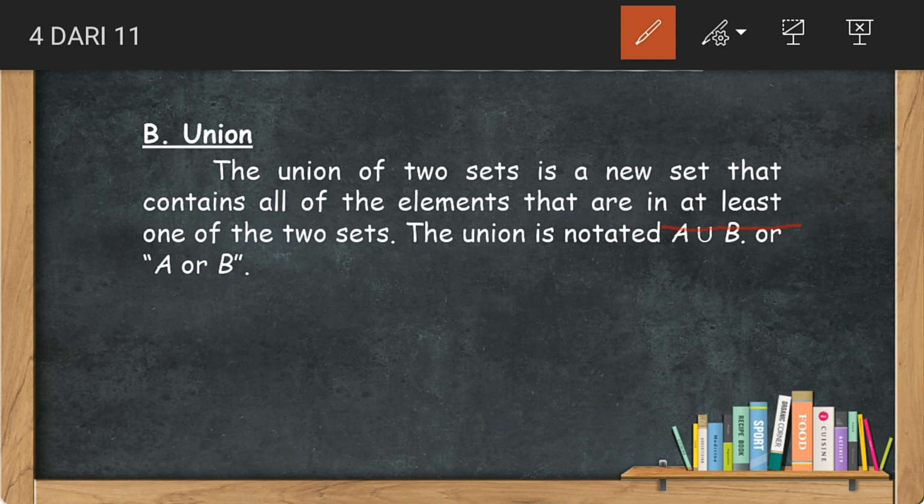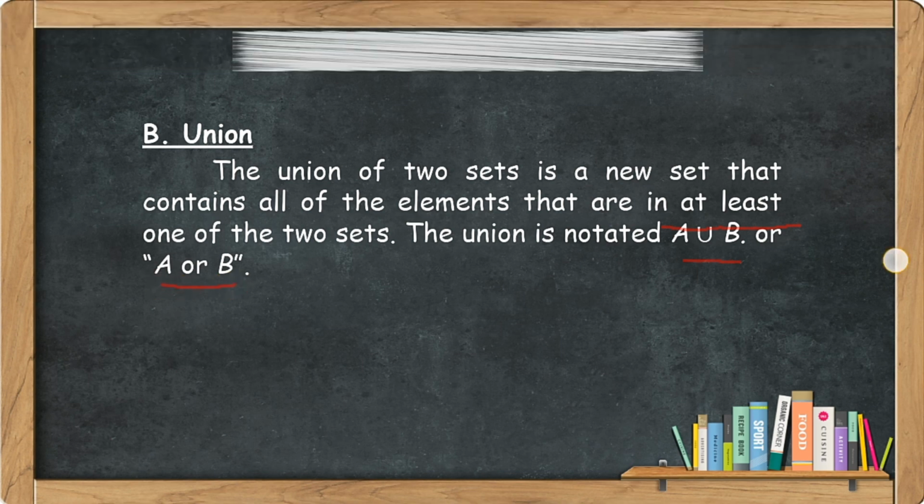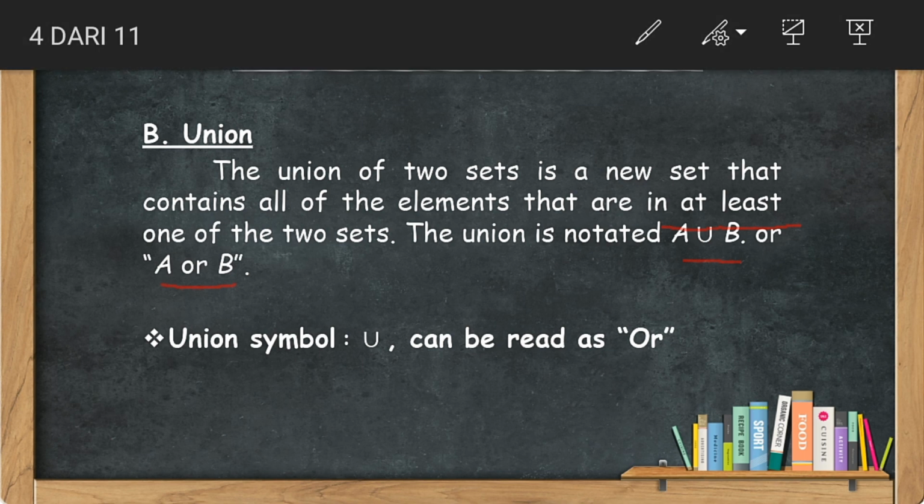The union is noted like that, or A ∪ B. The union symbol is like that, and it can be read as "or".